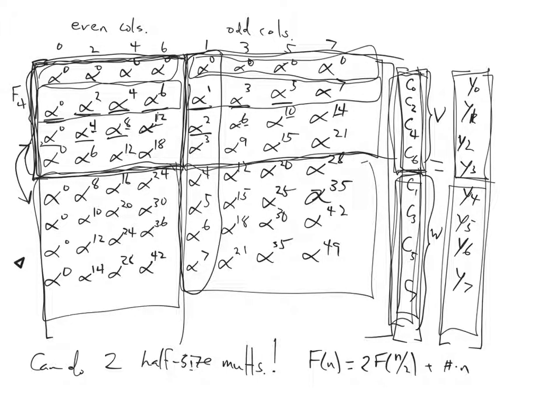So this is where we bring in alpha to the 8th equals 1. So because alpha to the 8th equals 1, this matrix here is in fact also F4. So let's take a look at that. If you take every one of these, it's real simple. Every one of these numbers, if you just throw away all the 8's in the exponent.